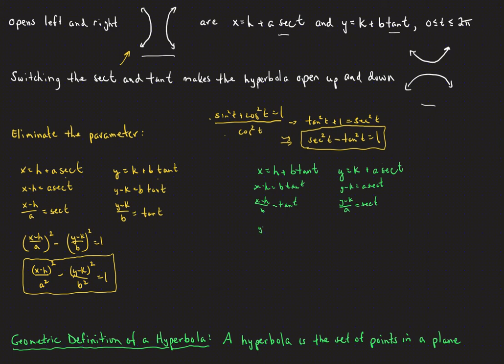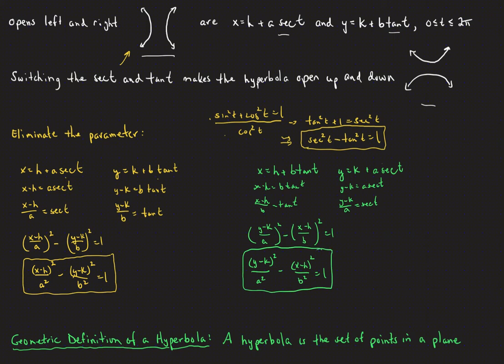So we'll get y minus k over a, squared, minus x minus h over b, squared, is equal to 1. So we get y minus k squared over a squared minus x minus h squared over b squared equal to 1. We're going to try to recognize this as a hyperbola that opens up and down.